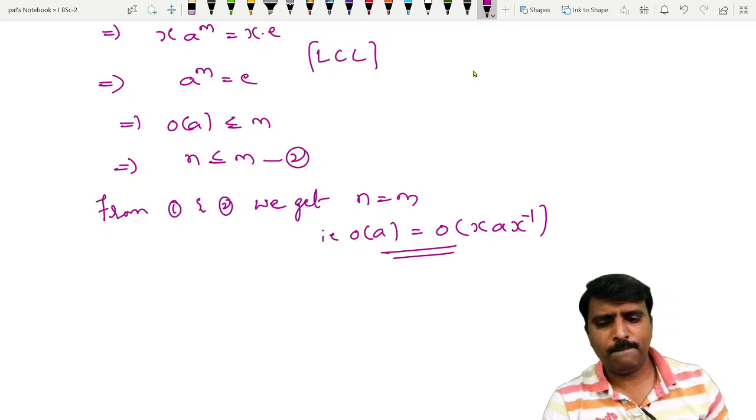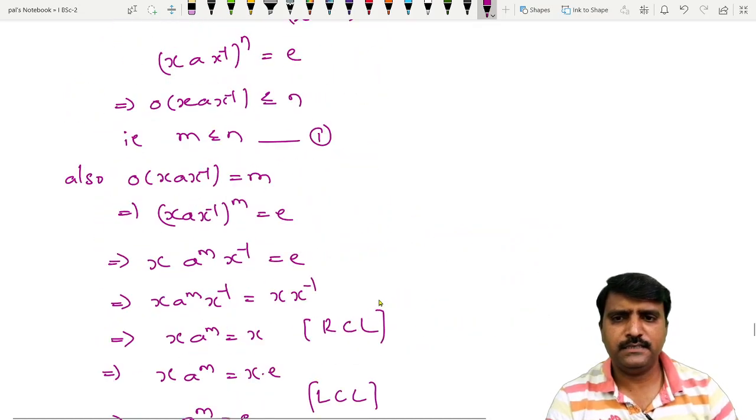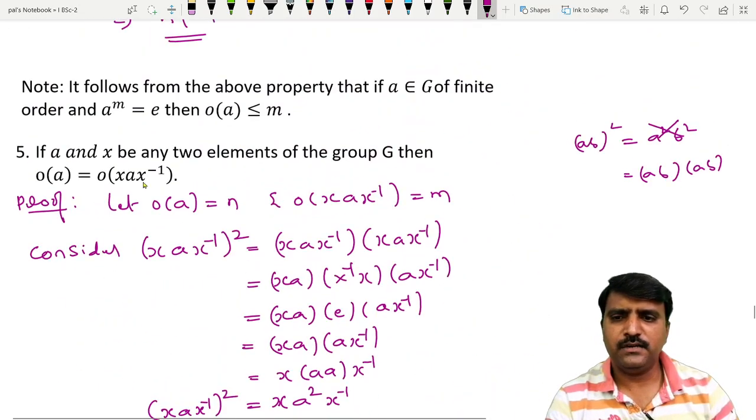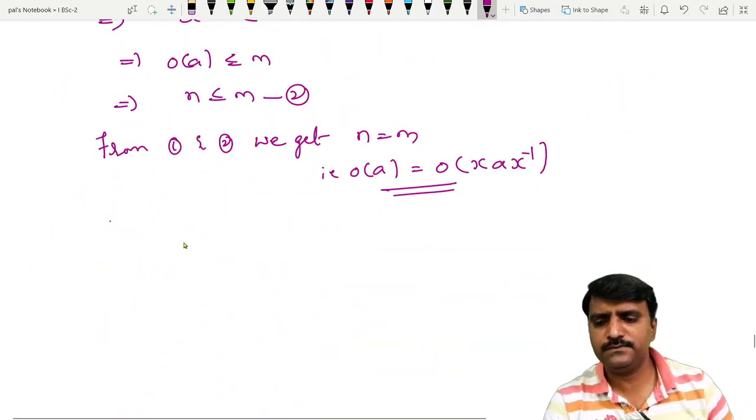That's it. So that is the required result. We proved this result. So order of a is equal to order of x a x inverse. I hope you understand this one.